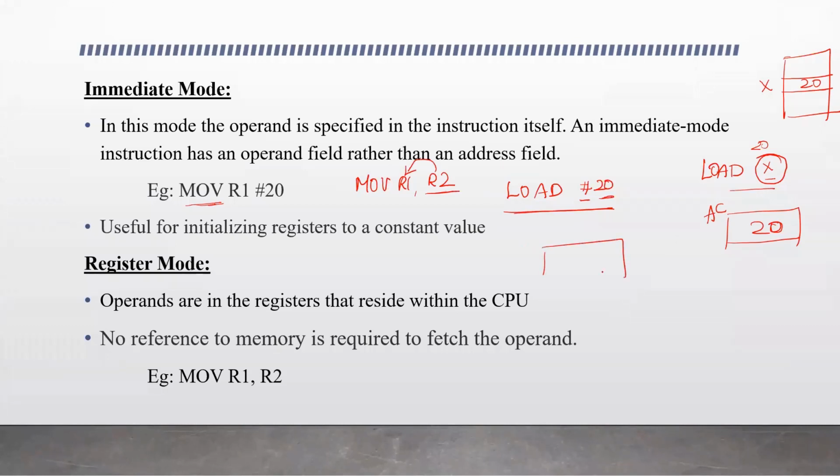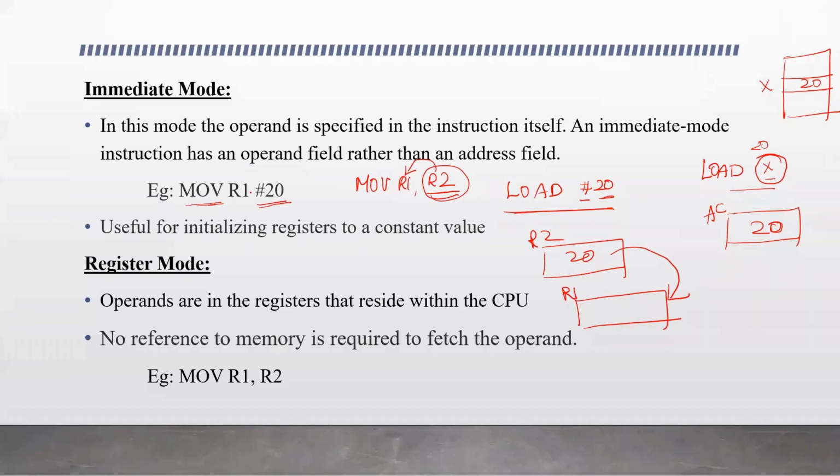In register R2 we have 20, and after execution of this instruction, this gets moved to R1. Instead of giving R2, here we give the data directly. So after execution of this instruction, the data 20, directly given here, is moved to register R1.